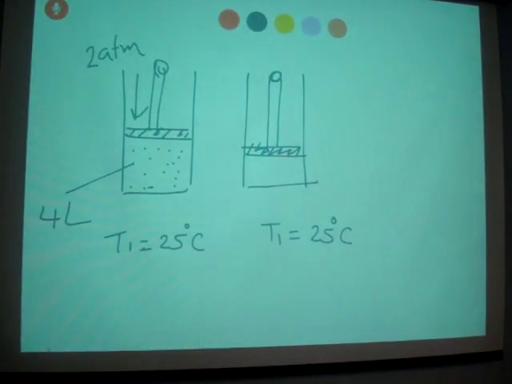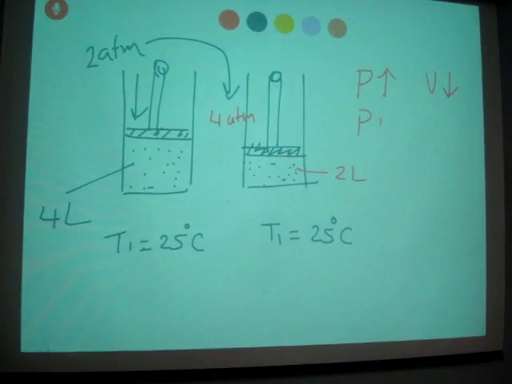Now what happened? He increased pressure from 2 atmospheres to 4 atmospheres. And what he observed: when pressure increases, the volume becomes smaller, it decreases. So pressure increases, volume decreases.